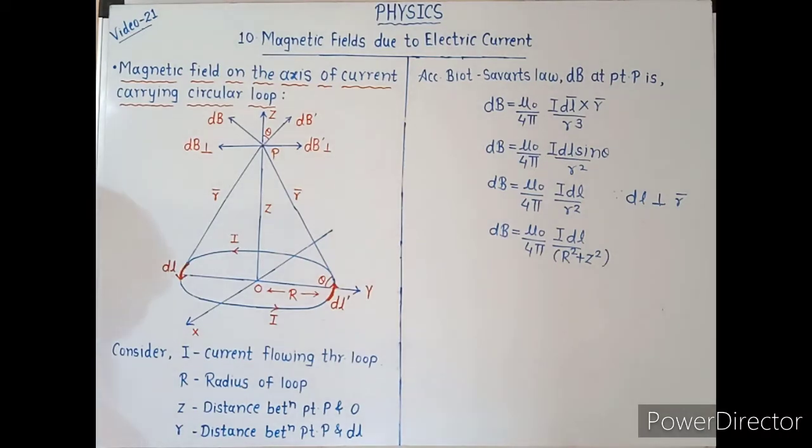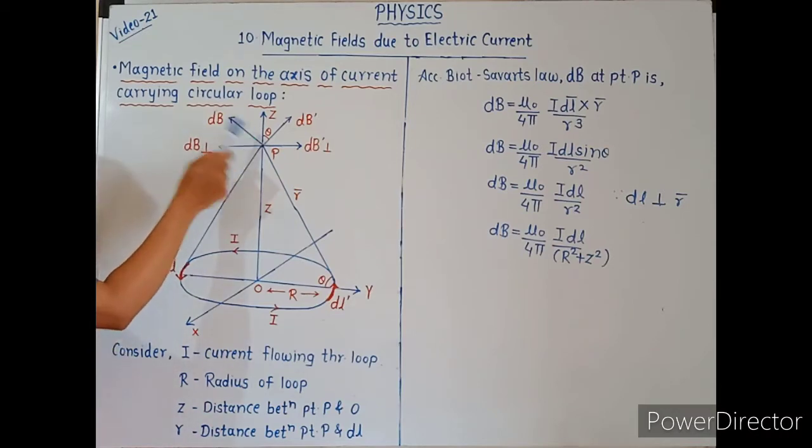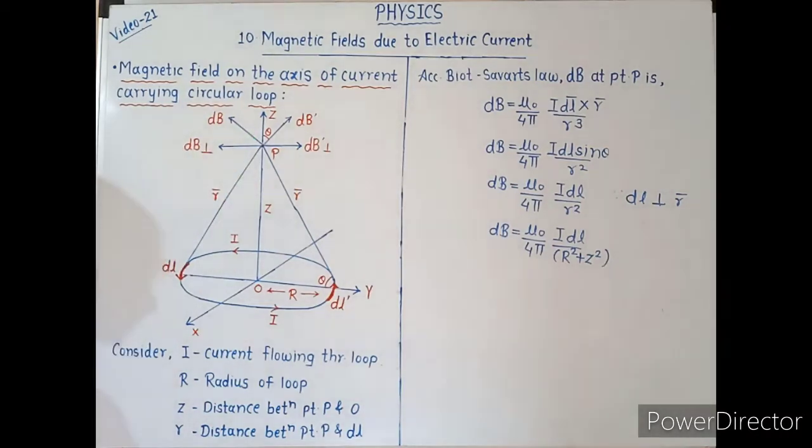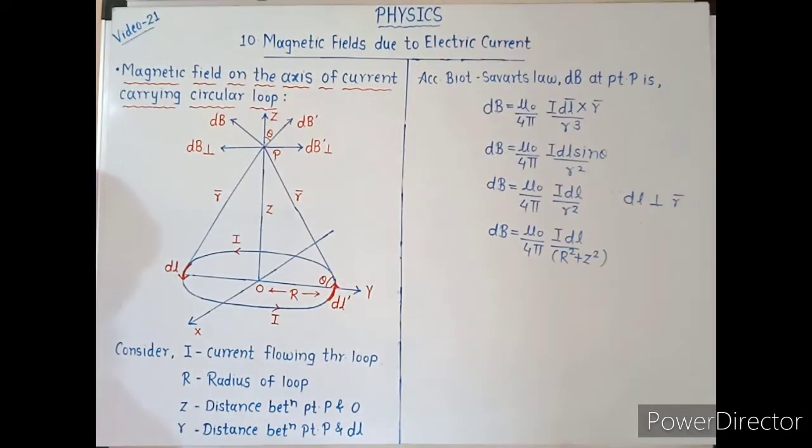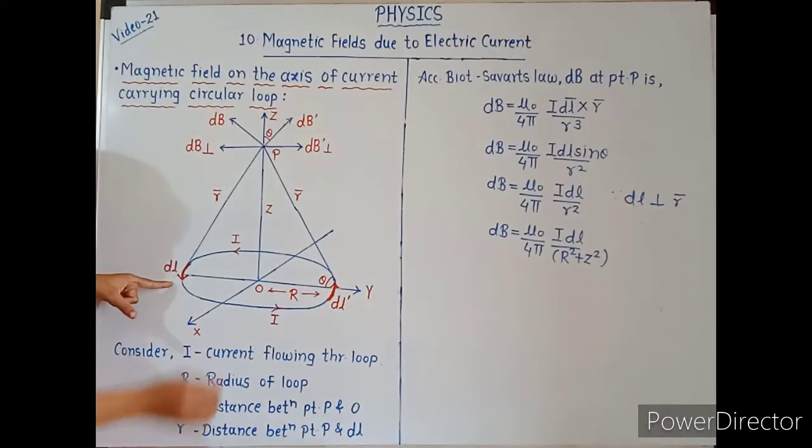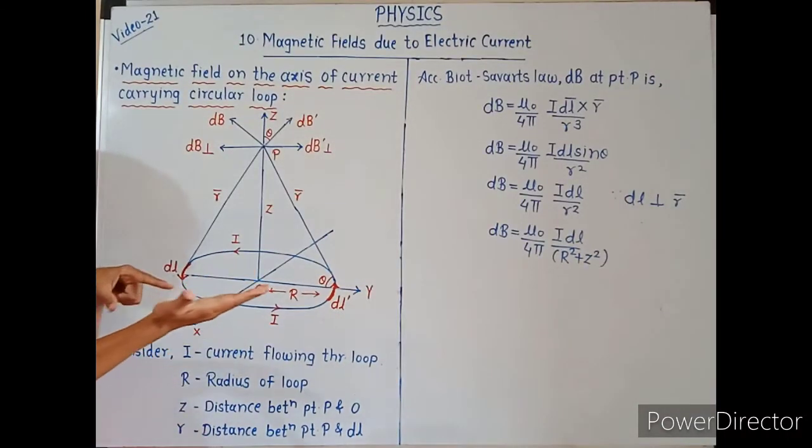Now we will find out the direction of this magnetic field produced at a point P. This small length element dl is in the outward direction, so we will find out the direction of this magnetic field dB with the help of the right hand rule. According to the right hand rule, this dl is in the outward direction, like this.